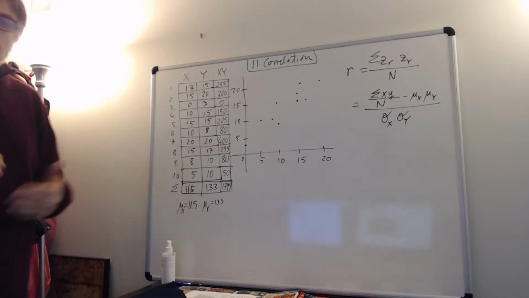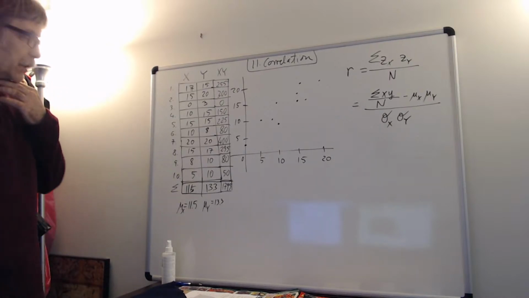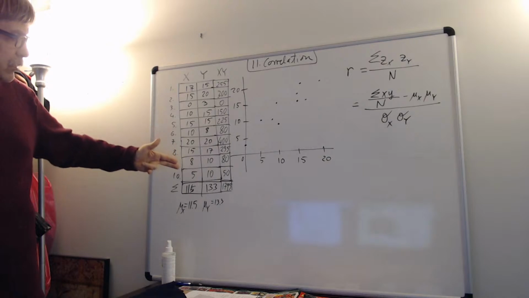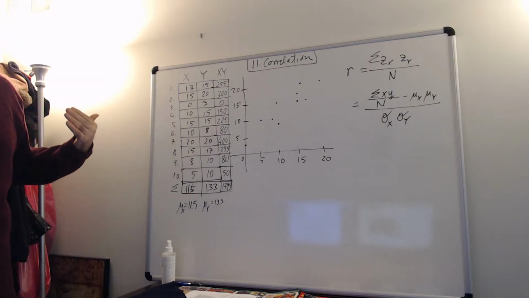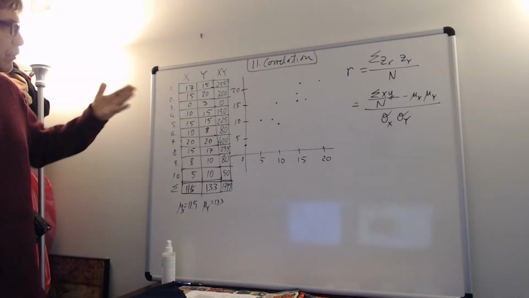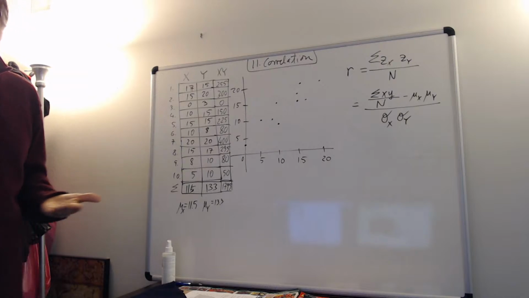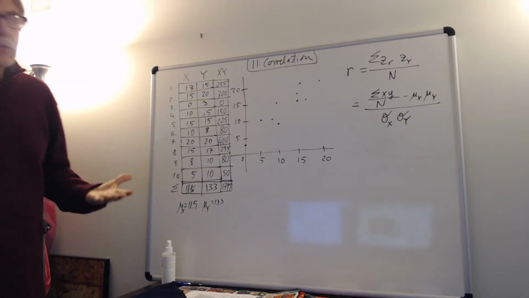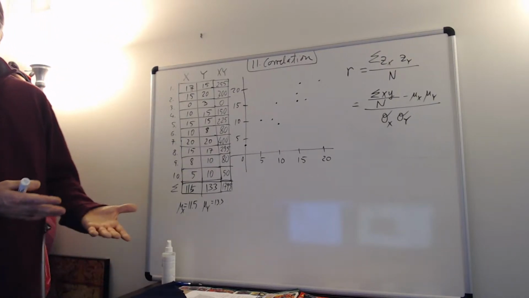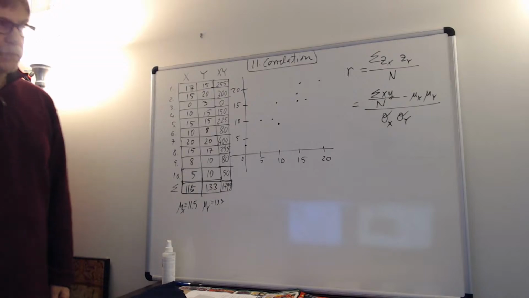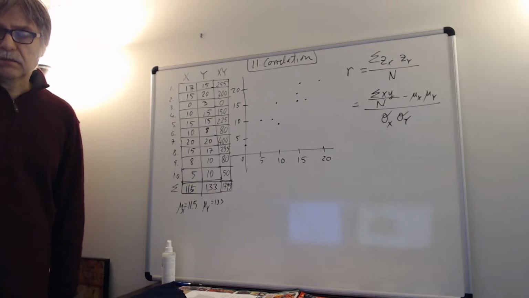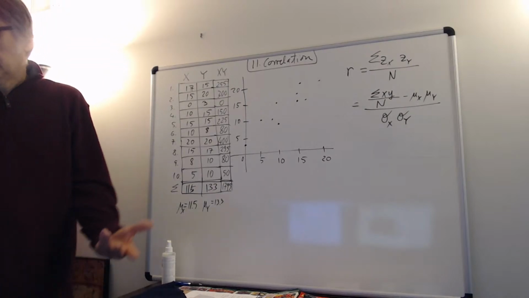What's the difference? The formula is a different thing, but this is actually a sample. So when you calculate population standard deviation, you're basically treating this as a population. So it's kind of like something we usually don't do. If you have a sample, you calculate the sample statistics rather than population statistics, right? But you can do both.